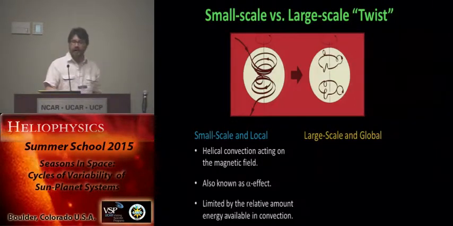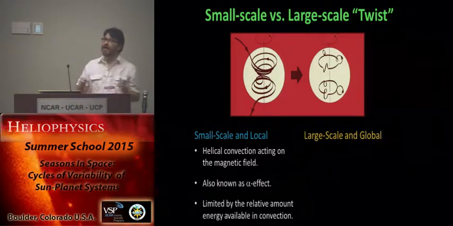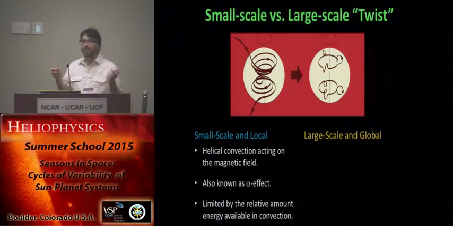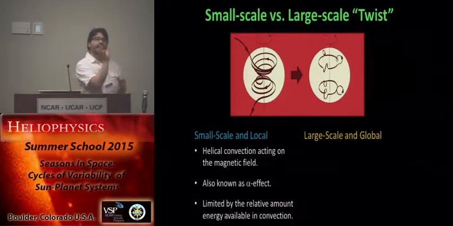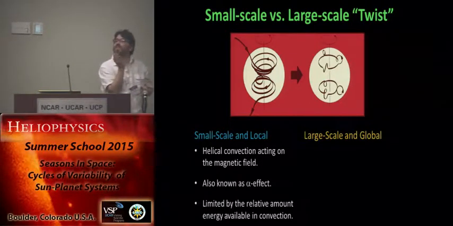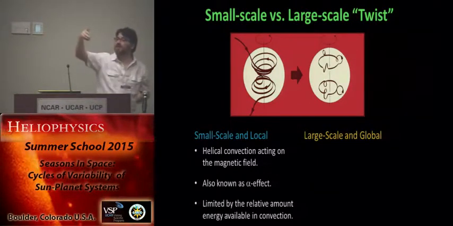The small scale is basically helical convection acting on the magnetic field. We typically talk about it as the alpha effect. So when you hear the alpha effect, this is what we're talking about. It's the fact that you have upflows and downflows that are subject to Coriolis.